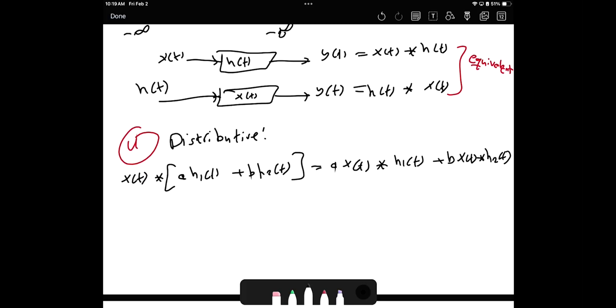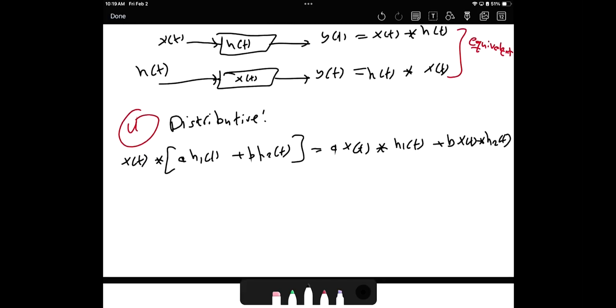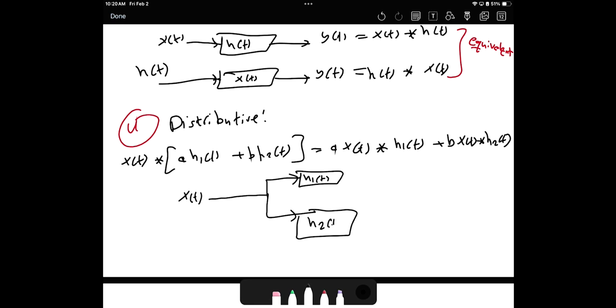And the distributive property looks like something we do in parallel systems. Here x of t goes to h1 of t, and also goes to h2 of t, then both of them come to a sum.